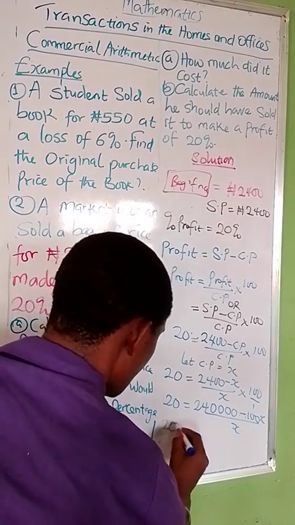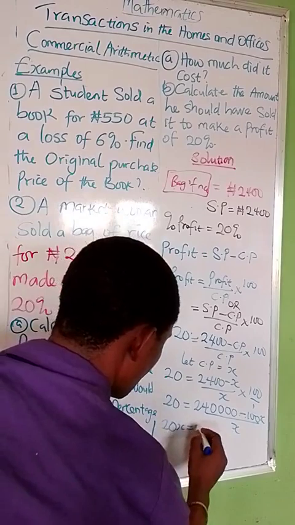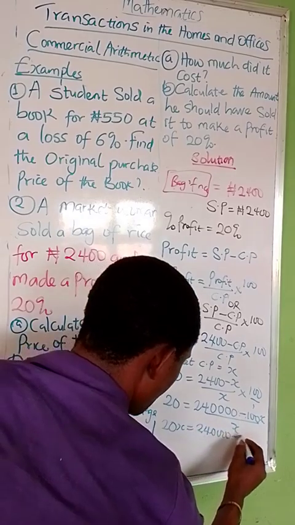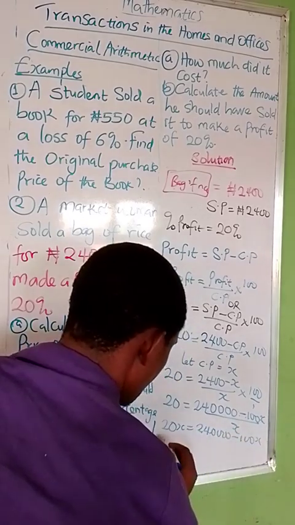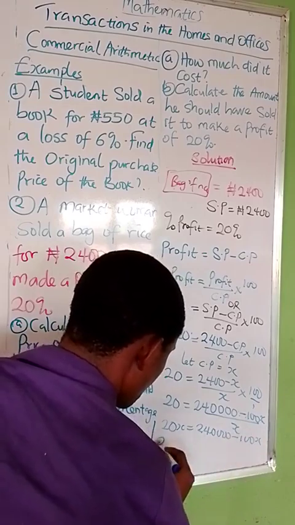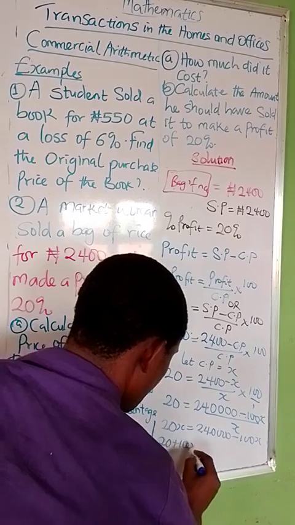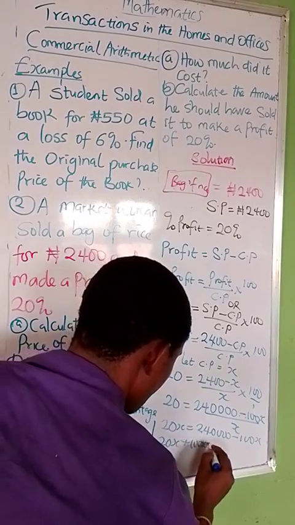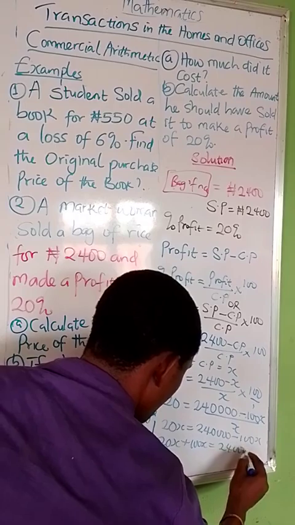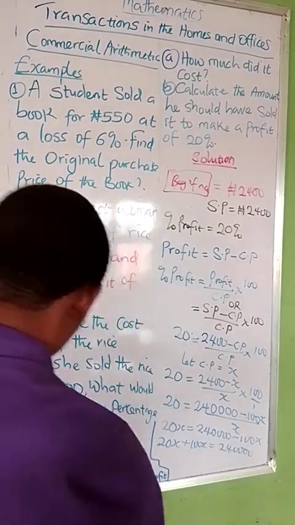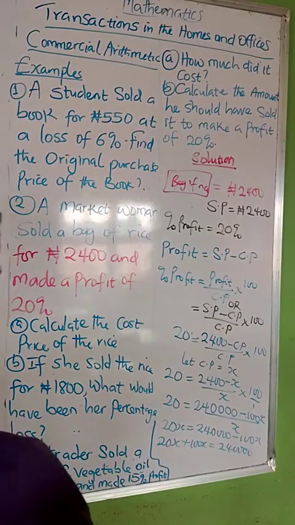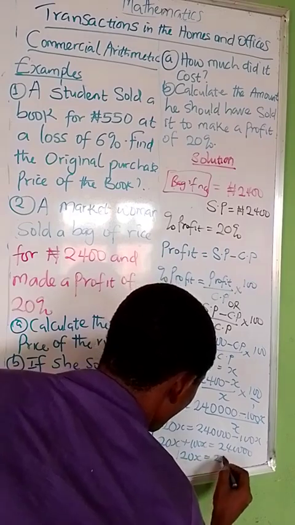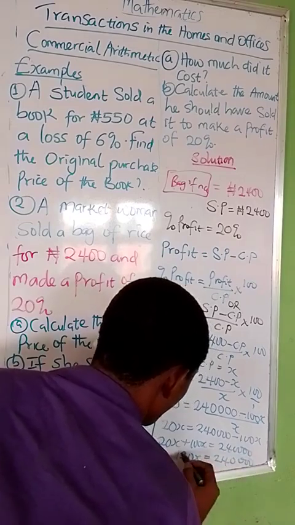You have 20x equals 240,000 minus 100x. Then if you bring x over, 20x plus 100x, we have 120x equals 240,000.